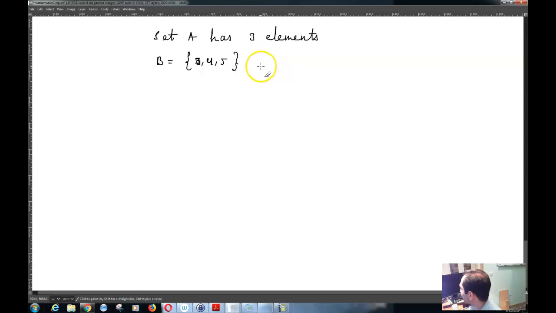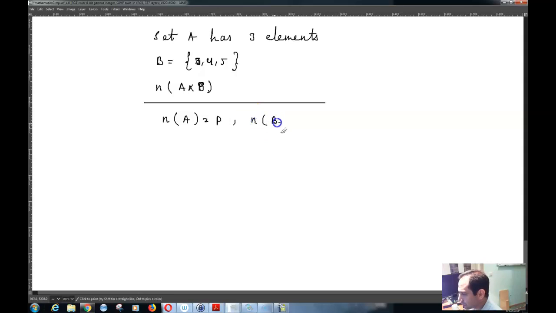Find the number of elements in A times B. We said that if the number of elements in set A is P, and the number of elements in set B is Q, then the number of elements of the set A times B, which is the Cartesian product of the two sets, is going to be P times Q, which in this case is 3 times 3, which is equal to 9 elements. So that is that.